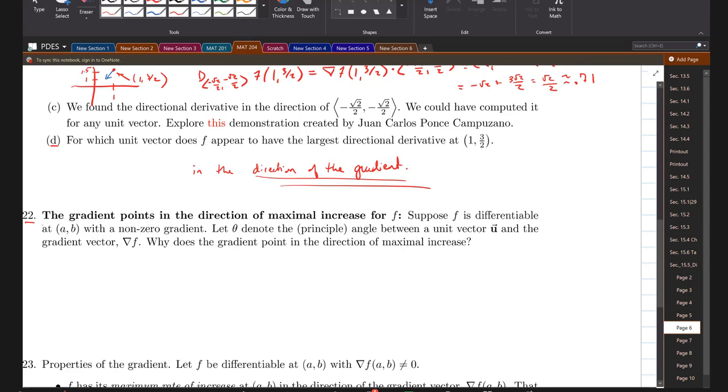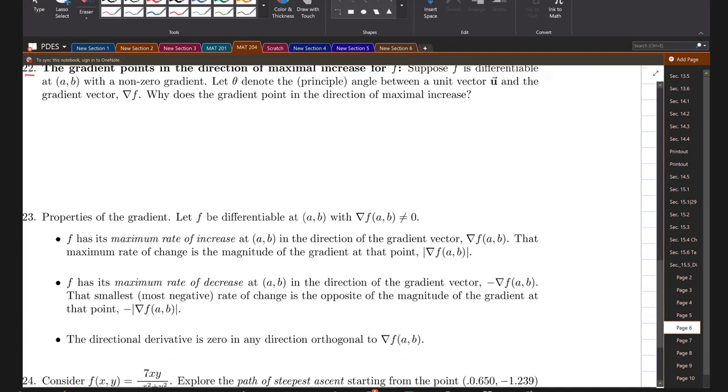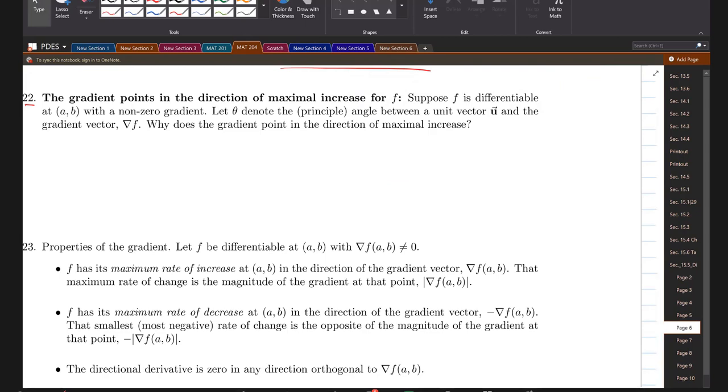Last time, for number 22, we did a quick derivation as to why the gradient points in the direction of steepest increase. That has to do with the fact that if you look at the cosine of the angle between them, that cosine expression is maximized when theta is 0. So you can review that. You should have the notes for 22 there.